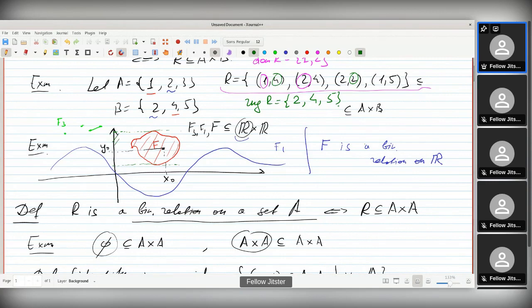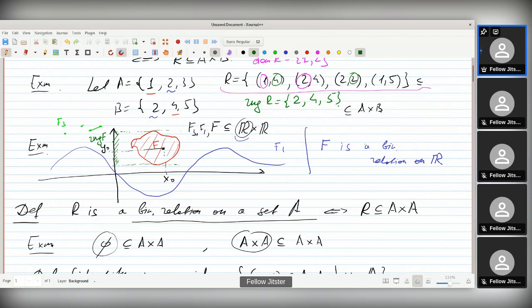So that means that the range is just the projection of our set to this axis of second coordinates, to the ordinate axis.